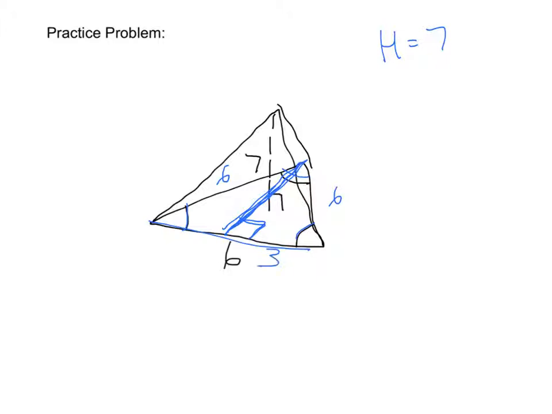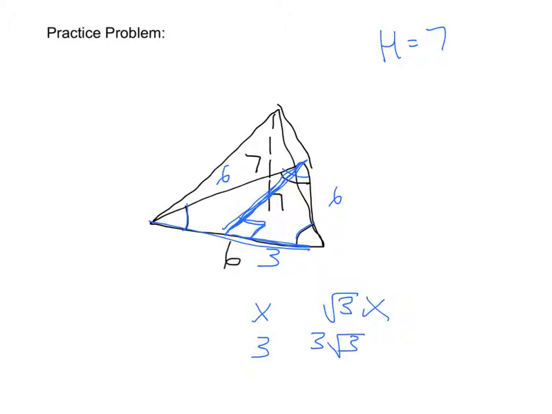So then this is going to be 3, this length right here, and we know that if the shortest side is x, then the longer leg is going to be root 3 x. So if x is 3, then this is going to be 3 root 3.